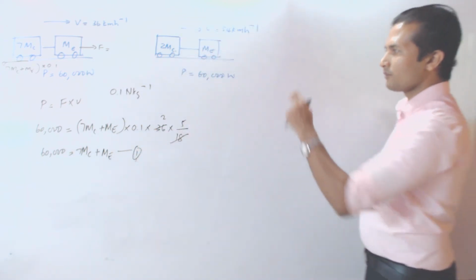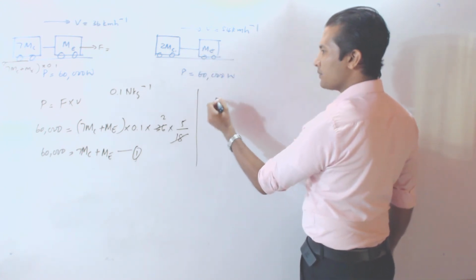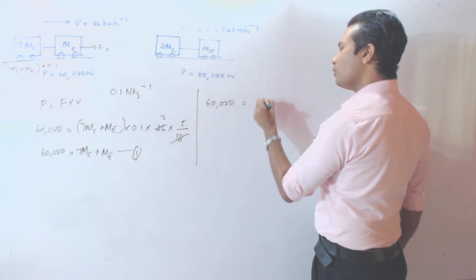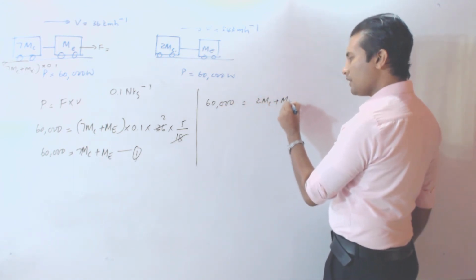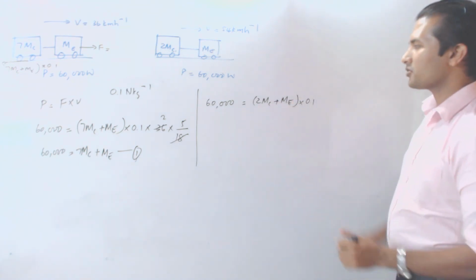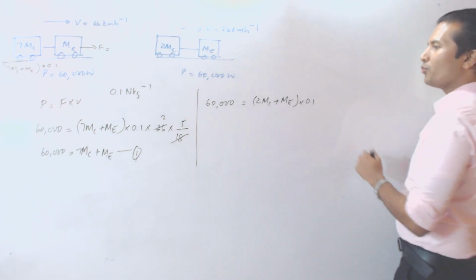What is the other? When considering this case, the same procedure can be followed. So 60,000 should be equal to (2 mc plus me), the friction, in order to find the friction, the total mass should be multiplied by 0.1.